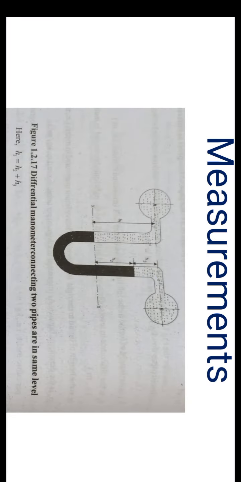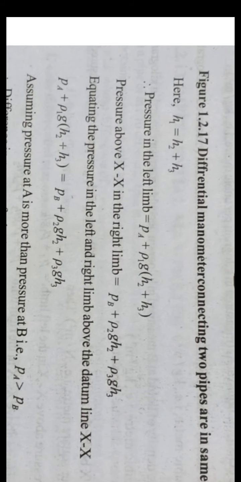Now we will see the derivation. First, H1 is equal to H2 plus H3, as shown in the diagram. Now the pressure in the left limb, the pressure of liquid in pipe A, is PA plus rho 1 G into (H2 plus H3). That is why H2 plus H3, because H1 is equal to H2 plus H3.